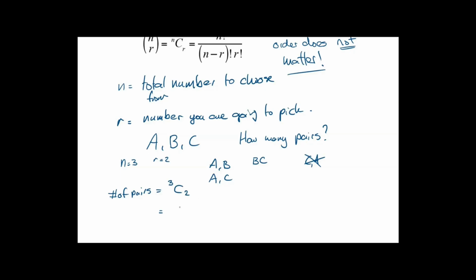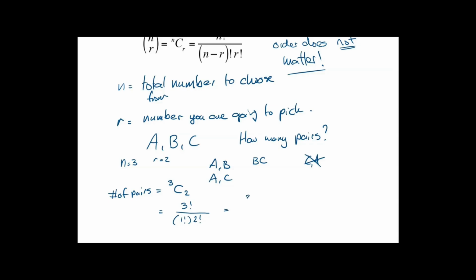That's going to be 3 factorial, so 3 times 2 times 1, divided by n minus r factorial, which is 1 factorial, which is 1, times r factorial, which is 2 factorial, which is 2.